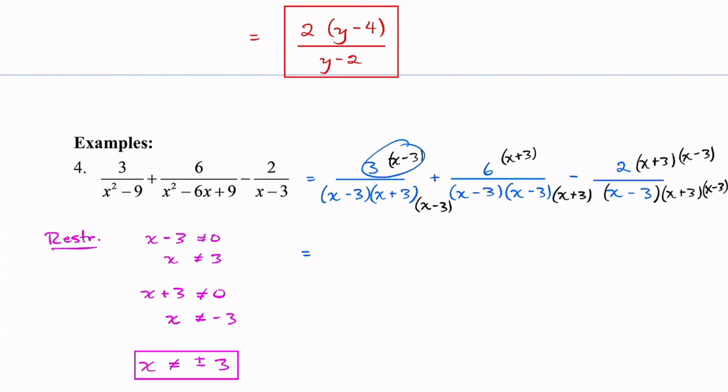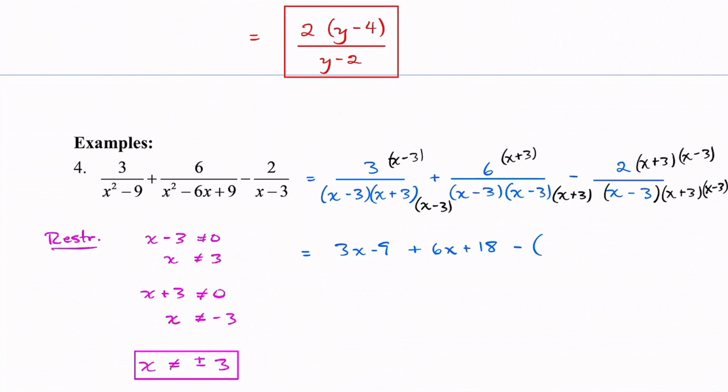So now that we got that, we can start to multiply the numerators. So the first one here, that is going to give me 3x minus 9. Then I got plus 6 times x plus 3, so that's going to give me 6x plus 18. Then I got minus, and I'm going to put in brackets all of this. So I am going to FOIL this out here first. I'll do that, and then after I'll multiply by a 2.